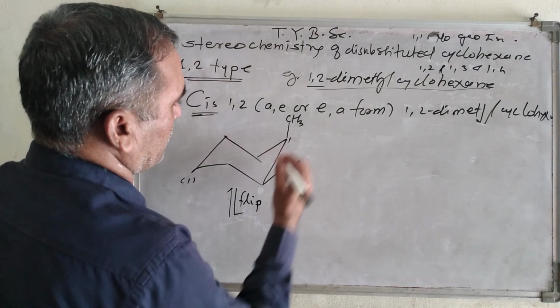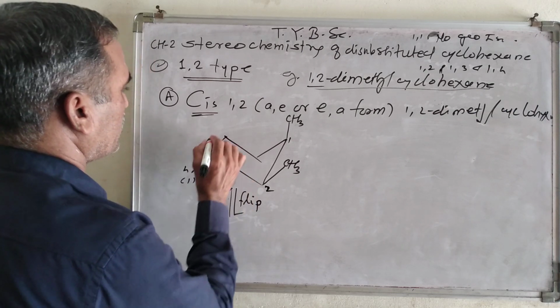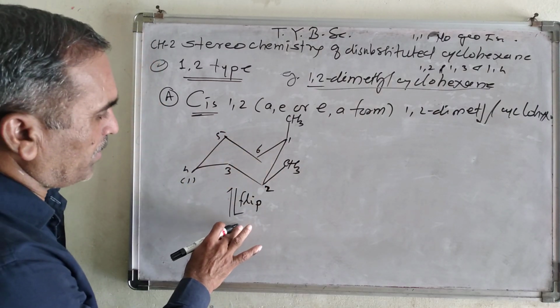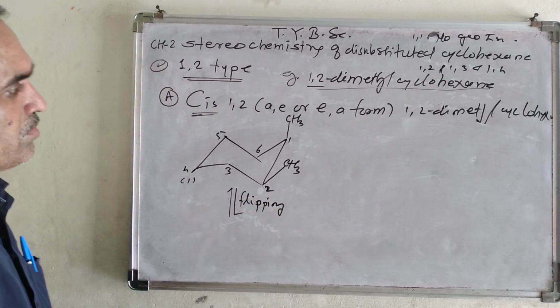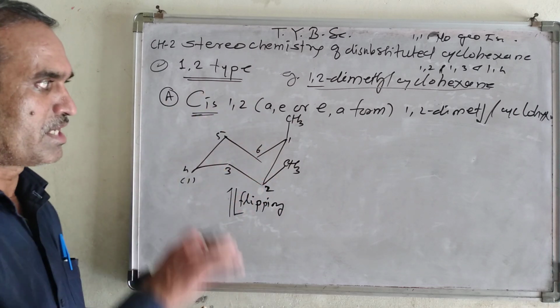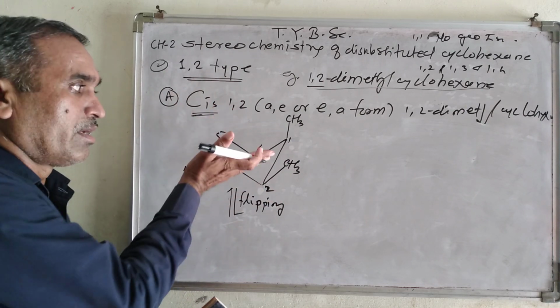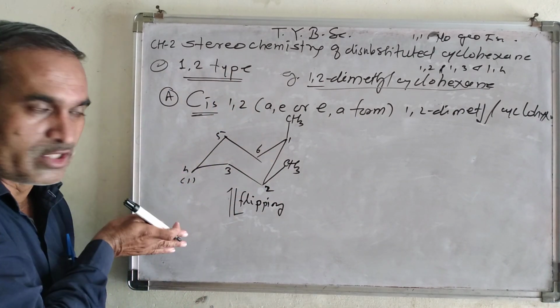This is carbon number 1, this is carbon number 2, this is the third one, 4, 5 and 6, right? Now after the flipping, what is happening? Axial becomes equatorial and equatorial becomes axial. Now this carbon number 1 is above the plane and carbon number 4 is below the plane.